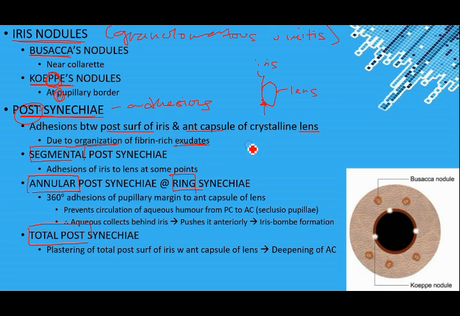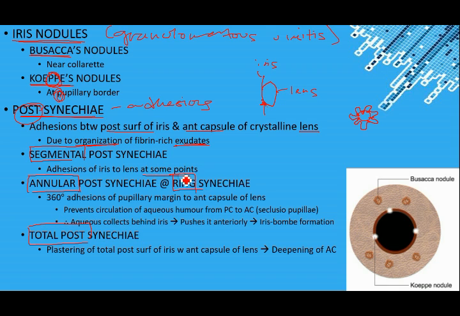Now segmental, let's try to draw it. Let's say this is my lens, and this is my iris. It is only at certain parts, at some points only. Can you see? There is adhesion here, here, and here.